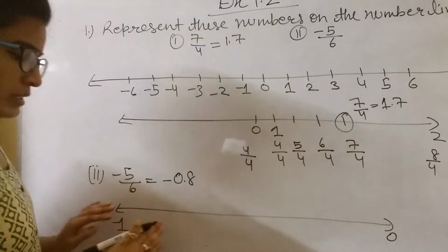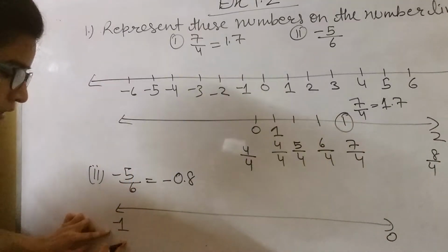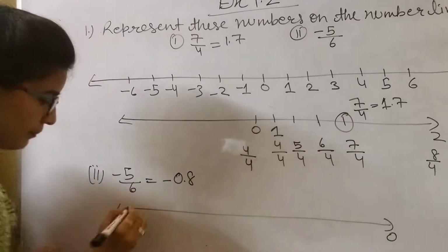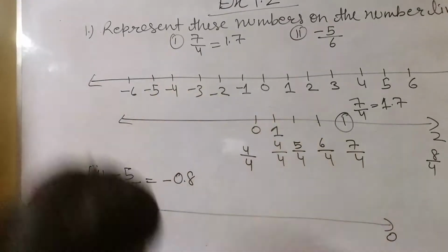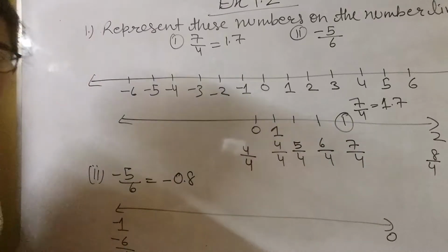Because it is minus 5 by 6, for minus 1 I can write it as minus 6 upon 6.